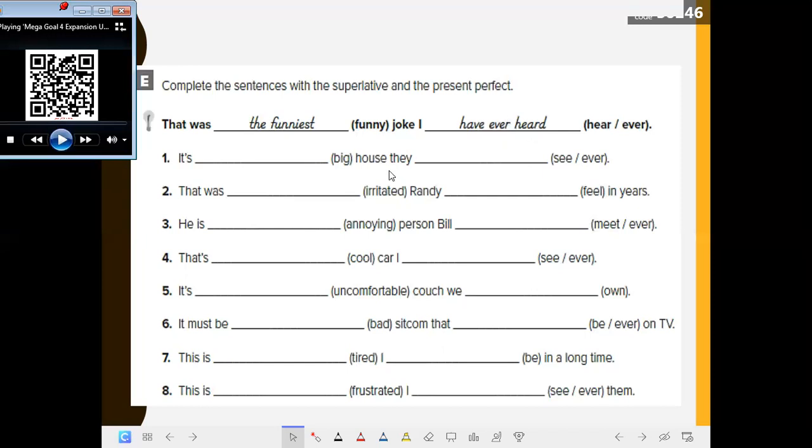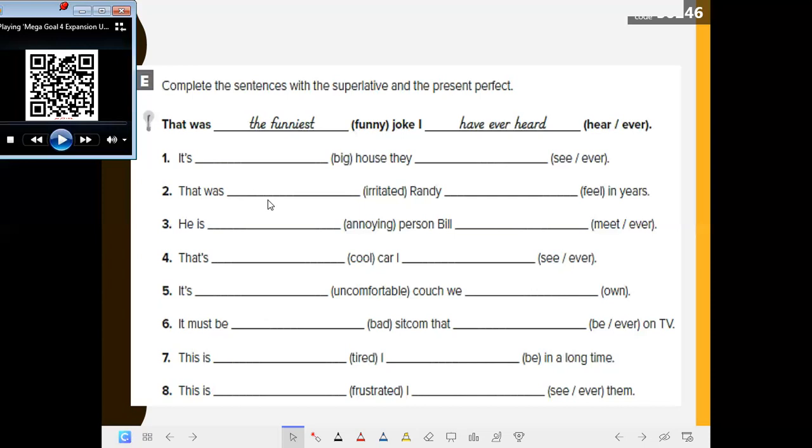طيب now عمر I want you to read the first sentence and answer it. Okay, number one. It is big house they see ever. تبقى الجملة it is the biggest house they have ever seen.